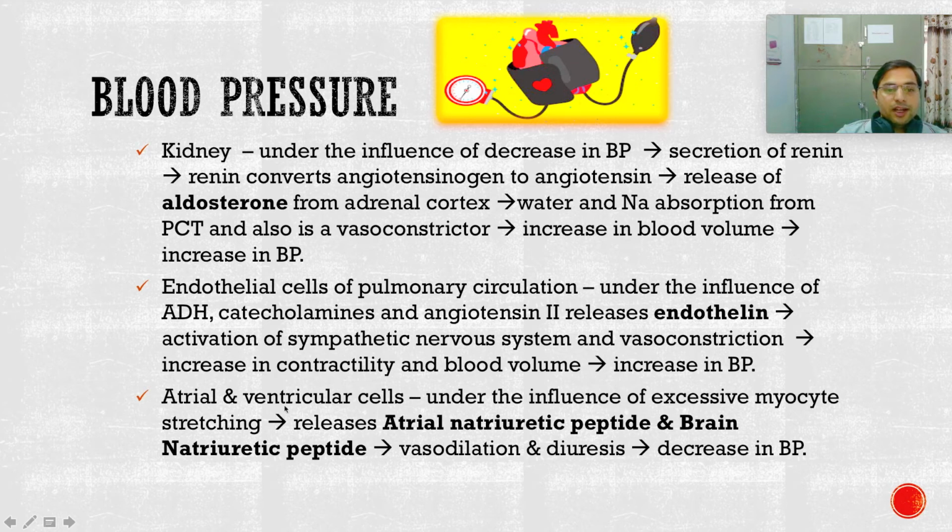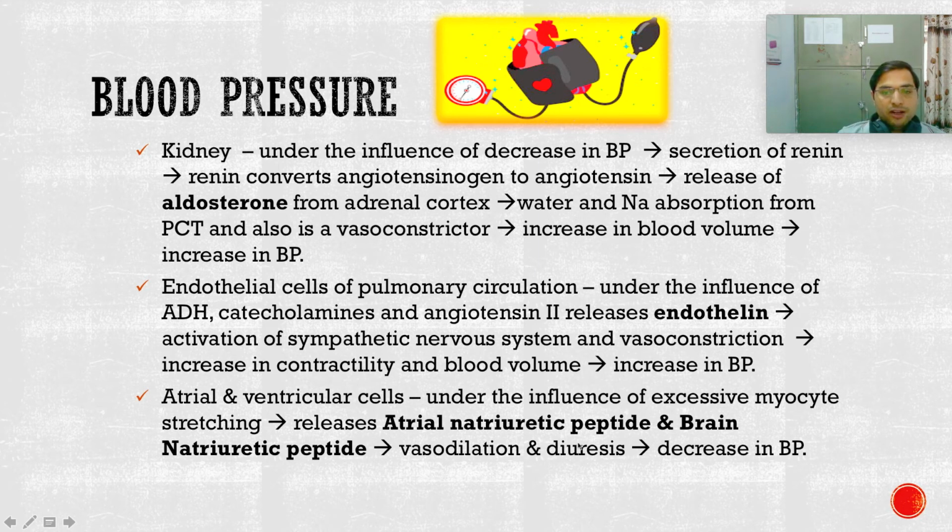Next is the atrial and the ventricular cells. The atria and the ventricles of the heart, under the influence of excessive myocyte stretching, that means if the blood volume is increased, that will lead to the accumulation of more blood inside the atria and the ventricles, that will lead to the stretching of the atria and the ventricles, right, and that stretching will lead to the release of hormones, atrial natriuretic peptide ANP and brain natriuretic peptide, BNP.